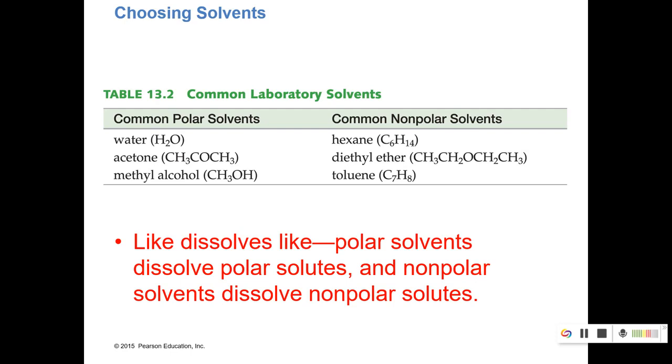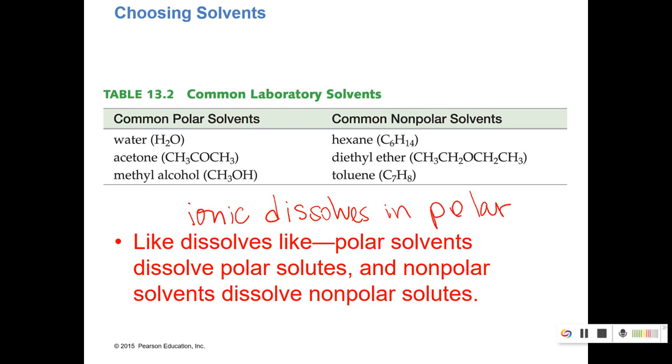Just remember from last chapter, in chapter 12, we did discuss likes dissolve likes. So remember, polar substances will dissolve in a polar solvent like water, and nonpolar substances will dissolve in a nonpolar solvent like hexane or toluene. Also remember that ionic dissolves in polar, not nonpolar.